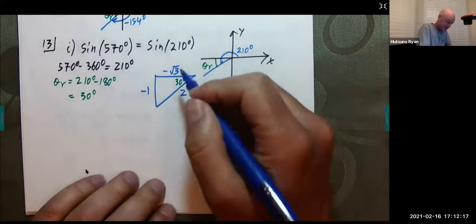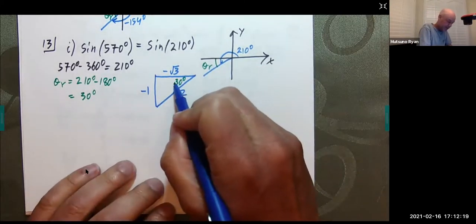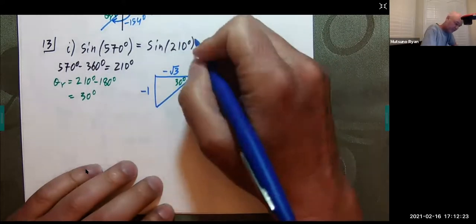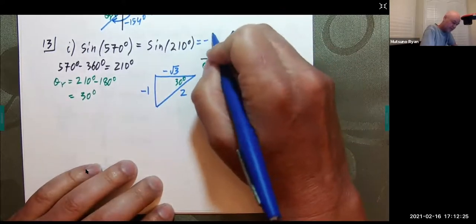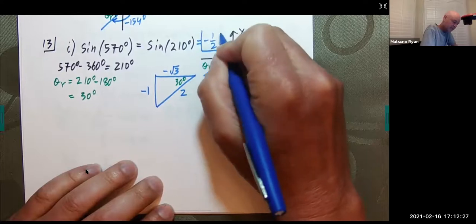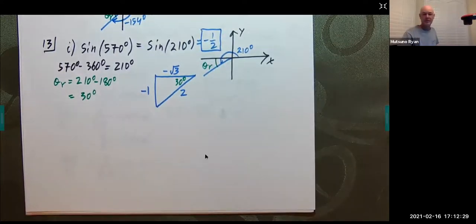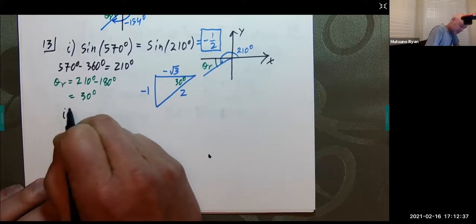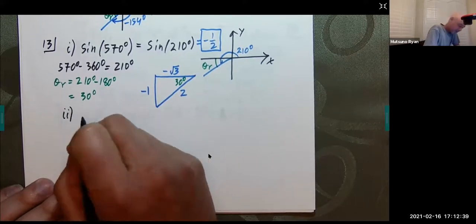So now the sine of this angle is going to be the opposite here. So my answer is going to be -1/2. Part 2 is cosine of the same angle.